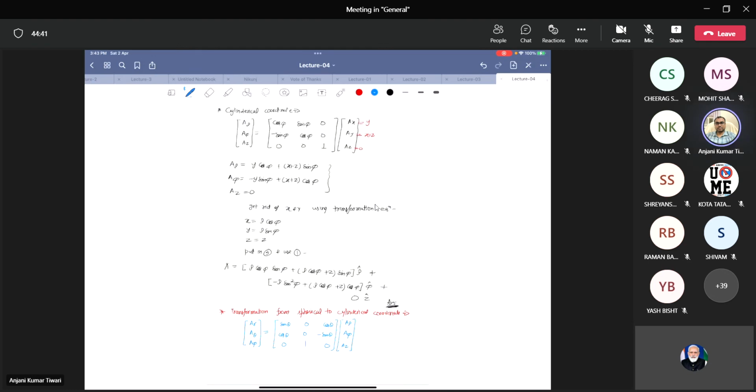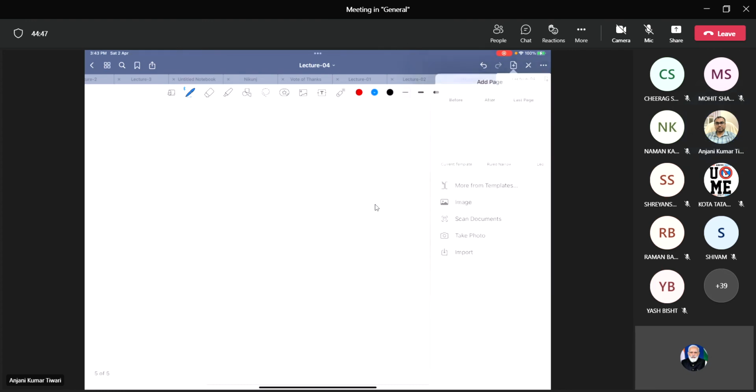Anything else about this? So let me extend this a little bit more. This is the extension of the same problem. Let's say you are given a point P, and its coordinates are -2, 6, and 3.